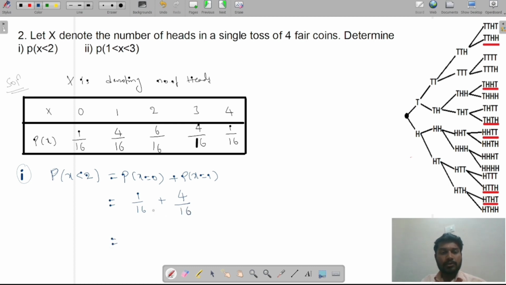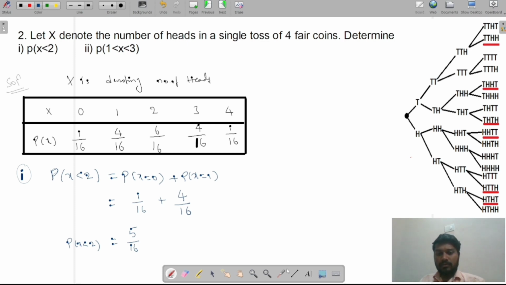Then by adding these two, I'm getting 1 plus 4, 5, so 5 by 16. This is the probability when p of x less than 2.